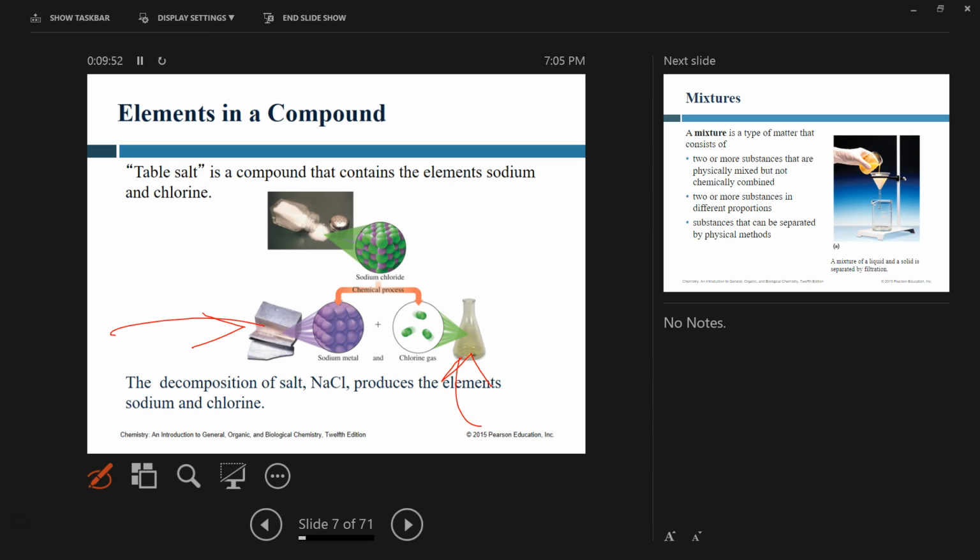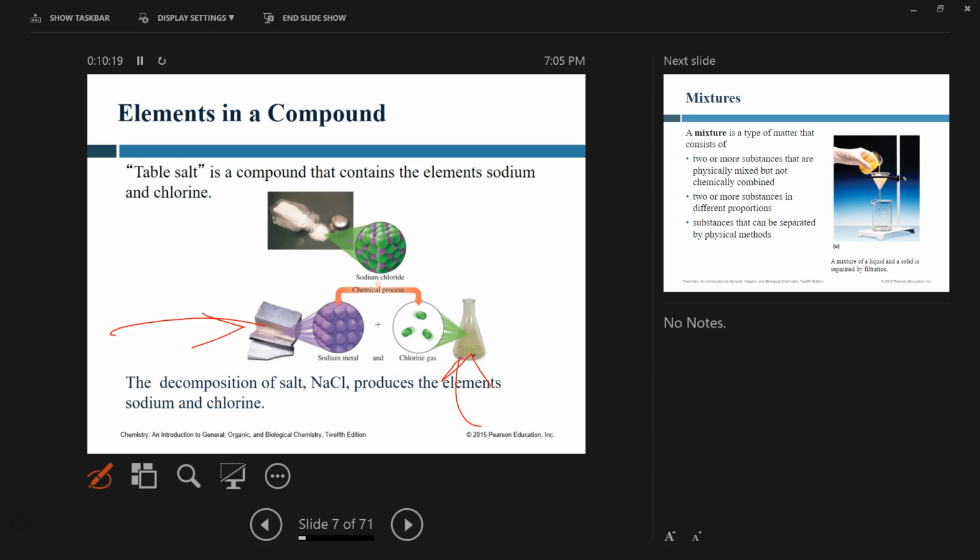However, you can technically take sodium, a soft, very chemically reactive metal, throw it in chlorine gas, and sodium will burn in the chlorine gas, producing sodium chloride. It's totally doable. It requires engineering, but totally doable.